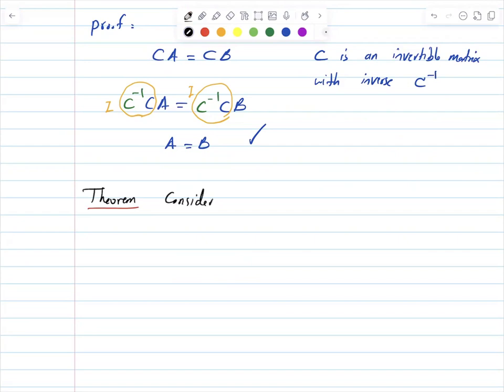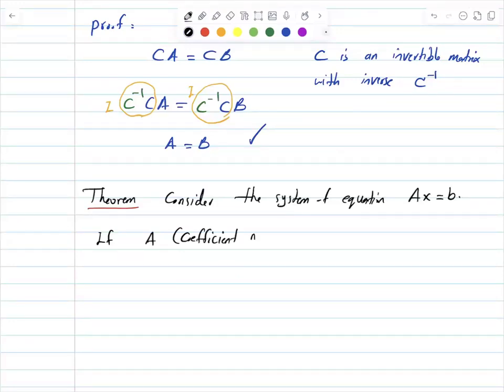Consider the system of equations AX equals B. If A, or the coefficient matrix, is invertible, then the system has a unique solution.